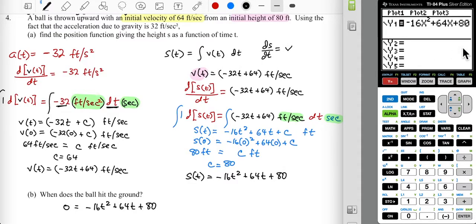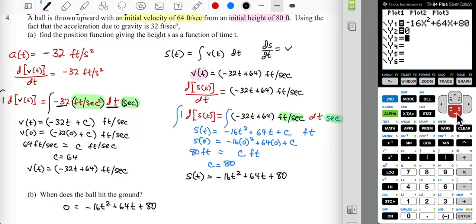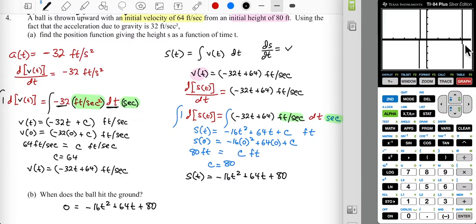Alright. So what we can do, you could use the zero function, but I prefer to find the intersection. So I'll put the 0 in as a second equation, go to the graph. Actually, let me make that bold so it really pops out. Don't care about the negative one, that'll be back in time. Care about this one. So second, trace 5.